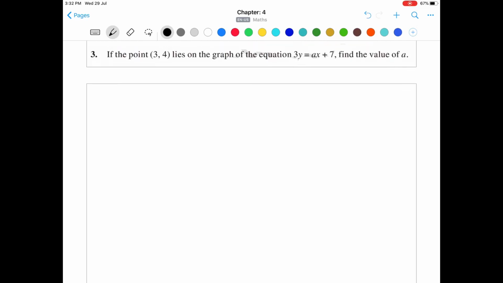Moving to the next one, we have: if the point 3, 4 lies on the graph of the equation 3y equals ax plus 7, find the value of a. So the equation given to us is, this is answer number 3, the equation given to us is 3y equals ax plus 7.